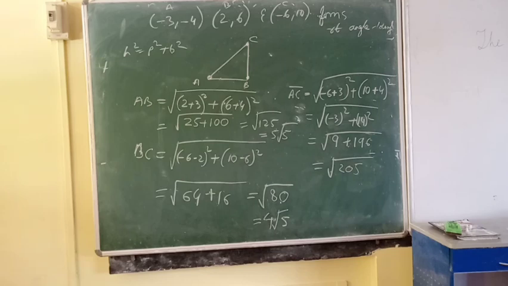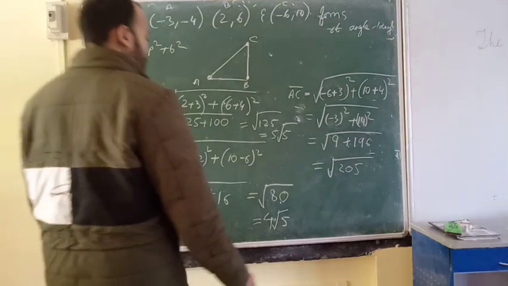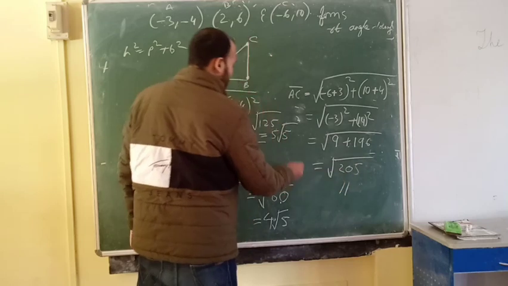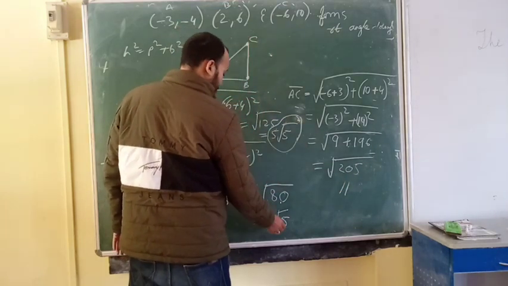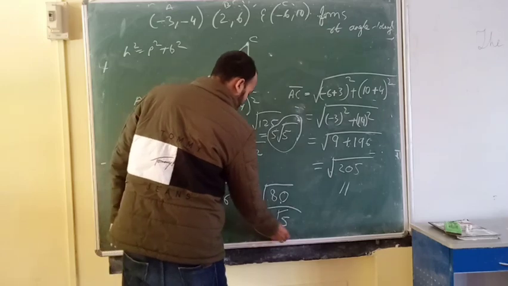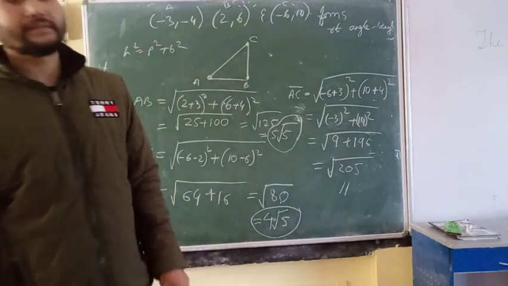Now see, I have done this part. The video is already 23 minutes. We have found the value of AC as this, AB as this, and BC as this.